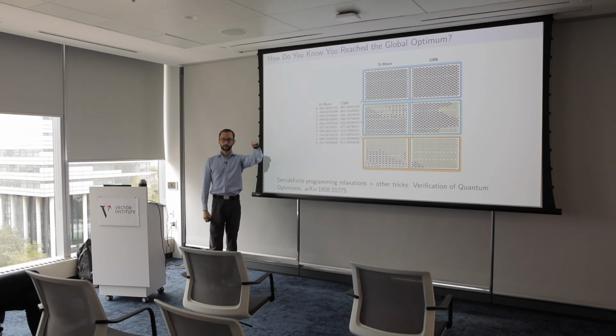So all of these values that you pull out from a quantum chip will be either the global optimum or some low-lying local optimum. So you will be either in the ground state or above it. And every classical algorithm that you can use, whether that's simulated annealing or some genetic algorithm or whatever you throw at it, is also going to be an upper bound on the global minimum.